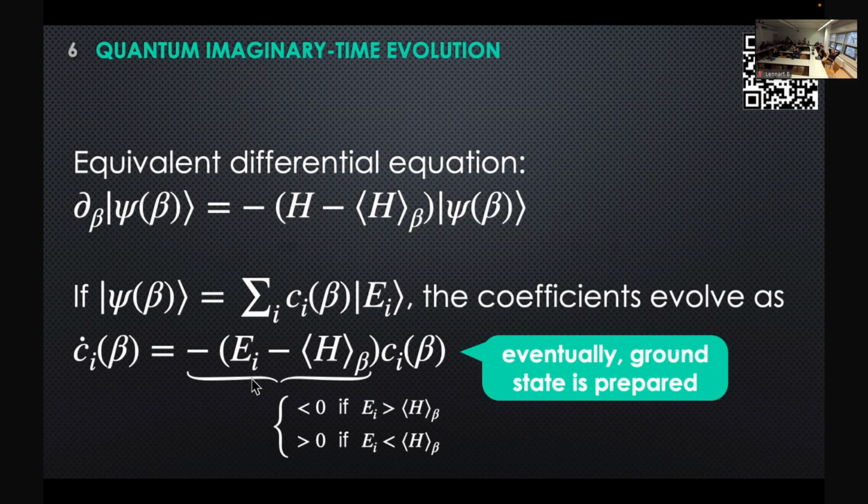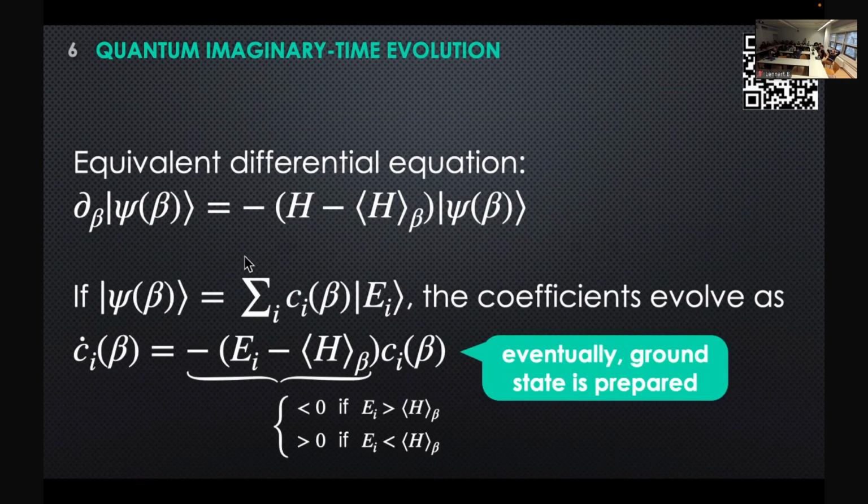So this will suppress the higher energy eigenvectors. And as we are doing that, the average energy will also go down, right? So eventually, at the end, the ground state will be prepared, and this will be exponentially fast in beta.